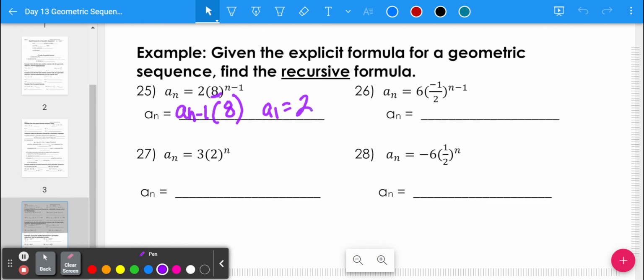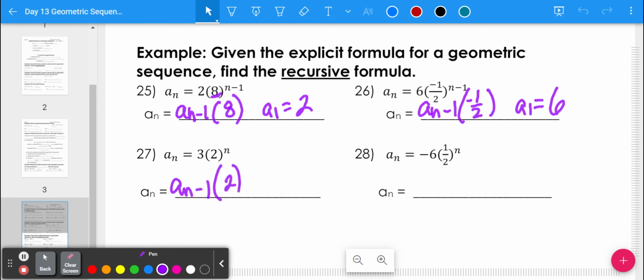For 26, the part that never changes, a sub n equals a sub n minus 1. What number is inside the parentheses? And that's negative 1/2. That's my common ratio. And my first term is the number on the outside of the parentheses, which is 6. For 27, the part that never changes, a sub n equals a sub n minus 1.